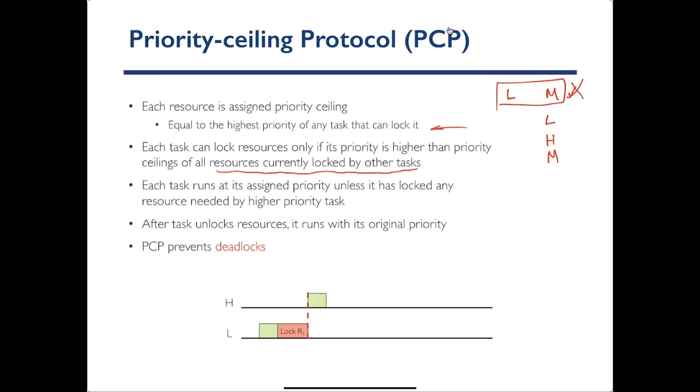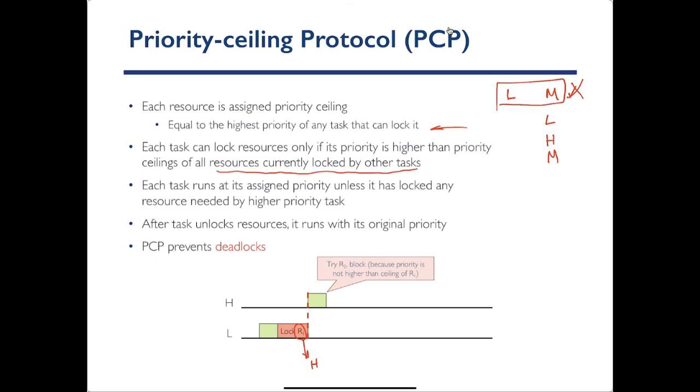Then the high priority comes in. Now, let's say high priority task wants to lock R2. What is the ceiling of R2? First let's talk about the priority ceiling of R1. The priority ceiling of R1 is H, because R1 is a resource that H eventually wants to lock.